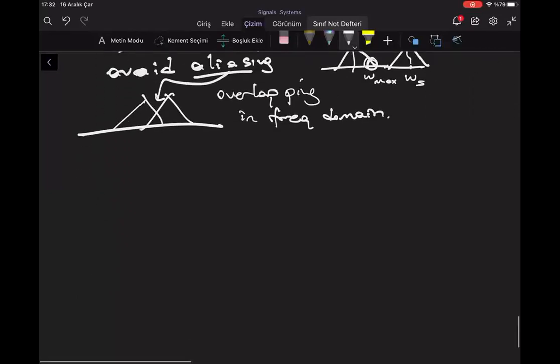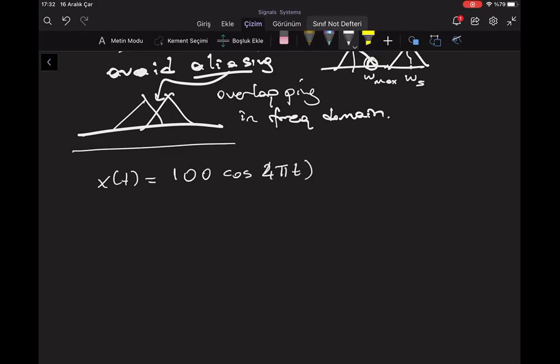So what was my signal, x of t? 100 times cos 4 pi t, right? So what does it say? I should first amplify by 40, then sample with 16 hertz.